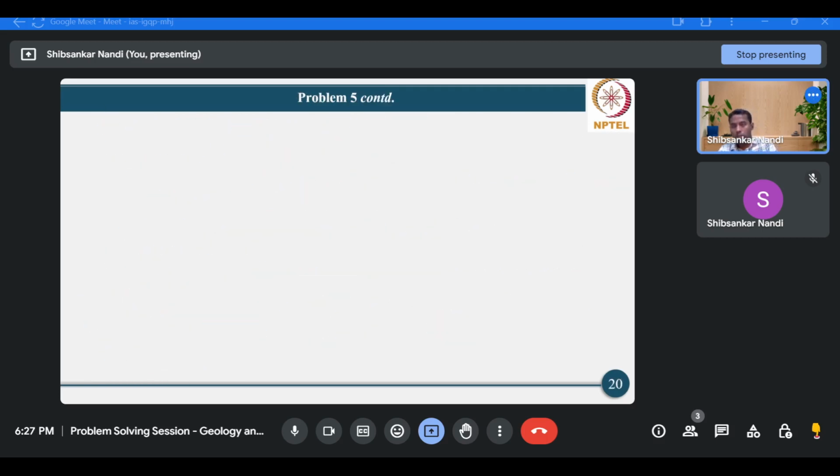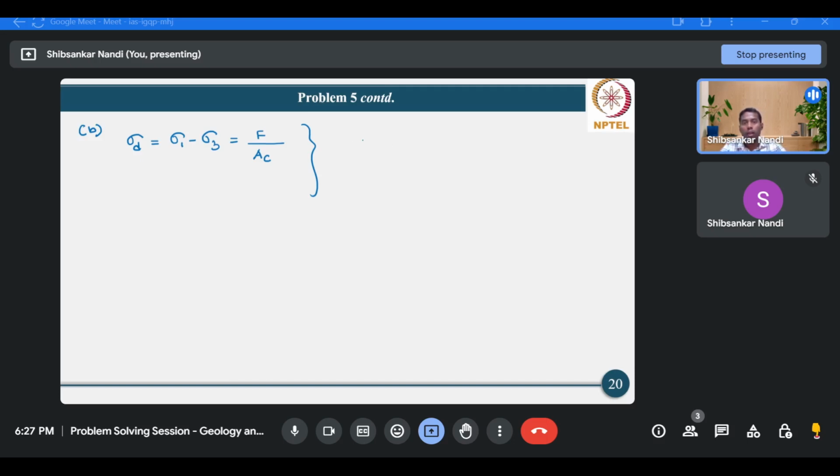So coming to the second part, first we'll calculate the deviator stress, sigma d, which is nothing but sigma 1 minus sigma 3, and which is again nothing but the force applied to the piston divided by the corrected area. Why is this corrected area used? Because as the sample is deforming with the progress of the test, the area will be modified.